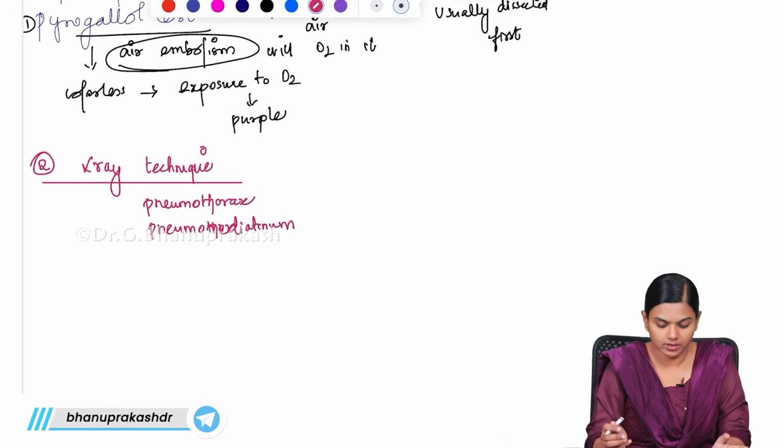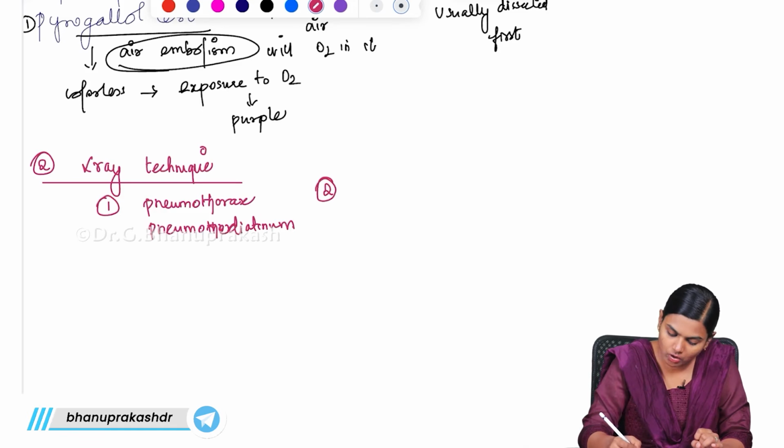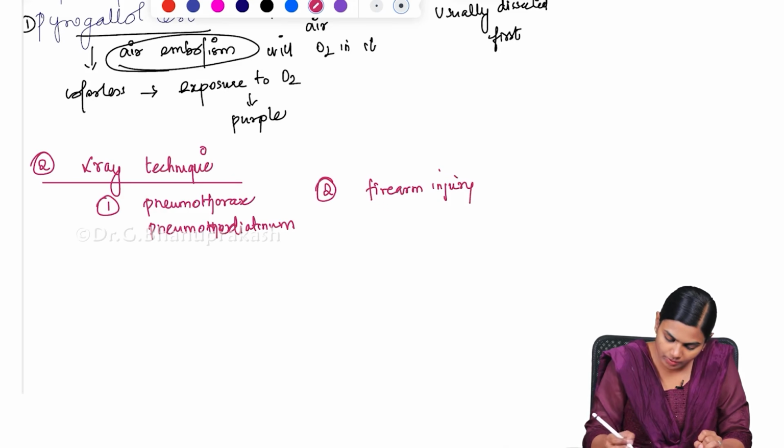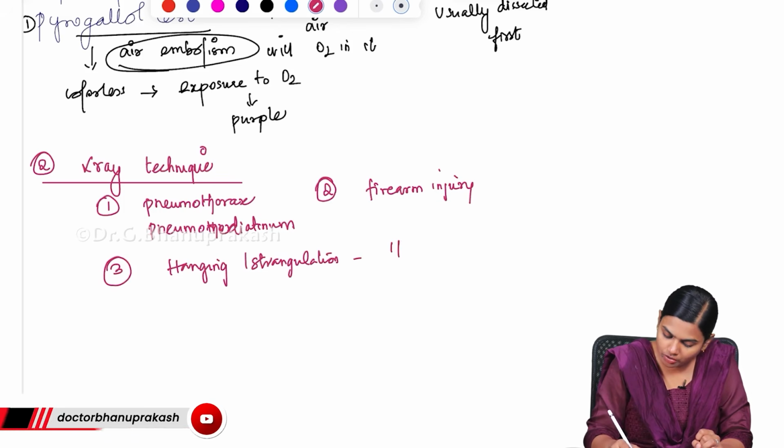Apart from that, you will use it for all firearm injuries. You will use it in hanging or strangulation to see the hyoid bone fracture.